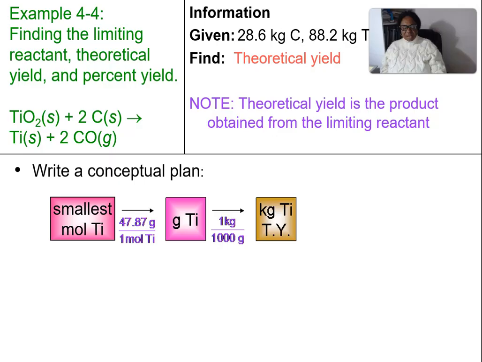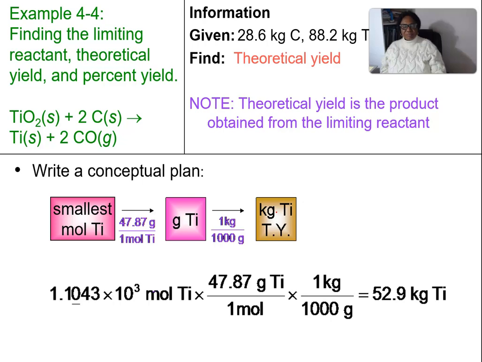So for our theoretical yield, we convert the moles of titanium to grams and then to kilograms of titanium. So this is our theoretical yield. Now we want to find the percent yield.